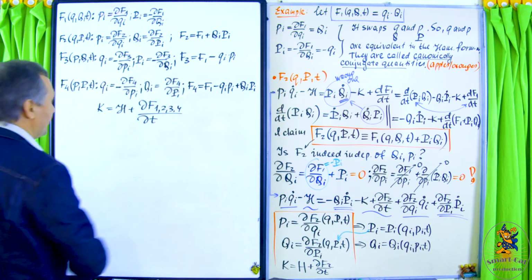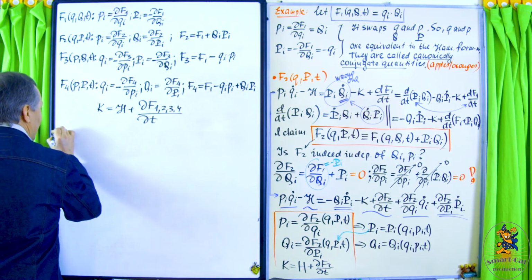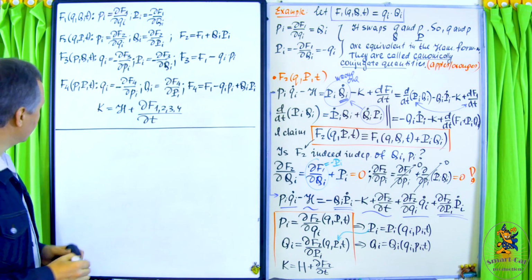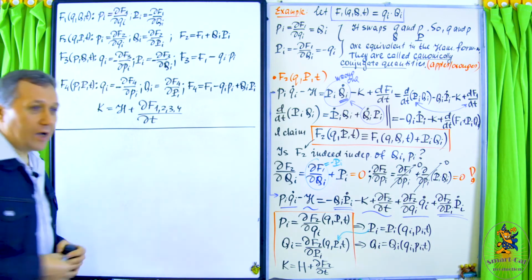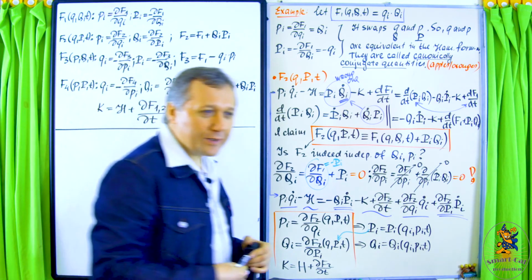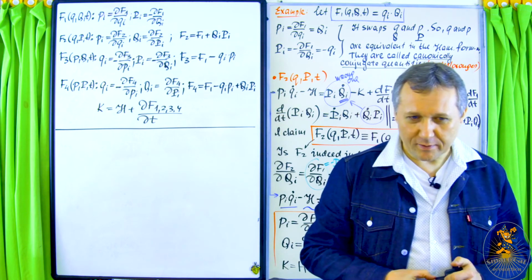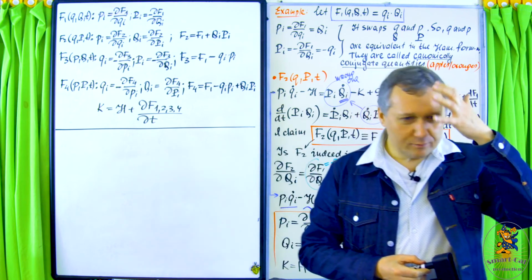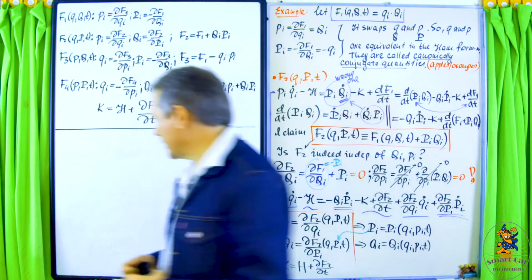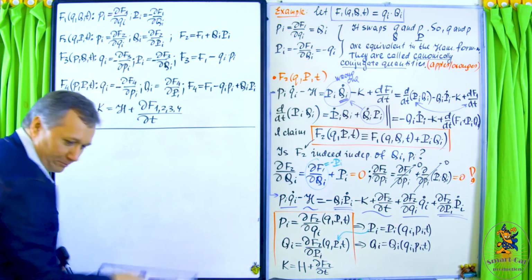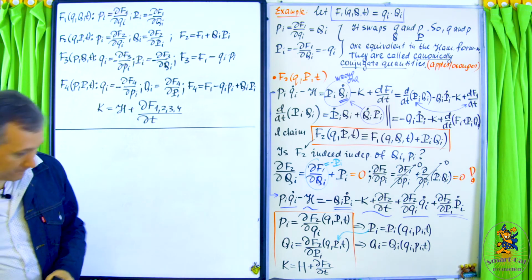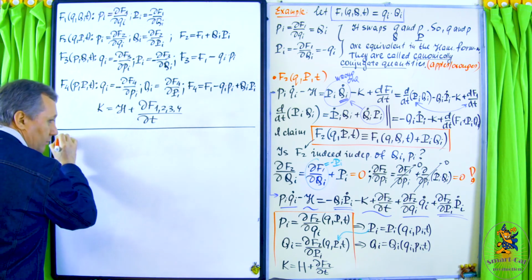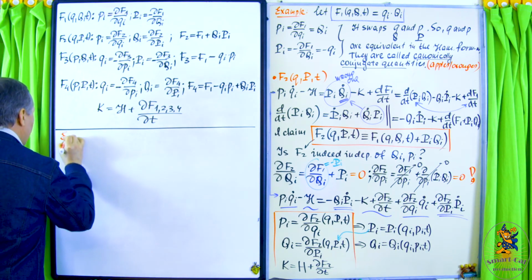So now, example. That's the fun part. I will just probably state the problem, and we will continue next class. Example: harmonic oscillator. We already solved this problem using a couple of methods, and you will see that we are going to solve this example using all possible classical mechanical tools.